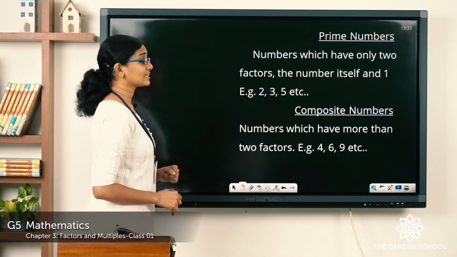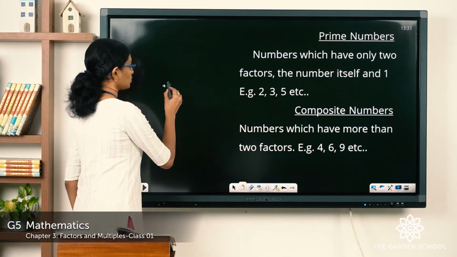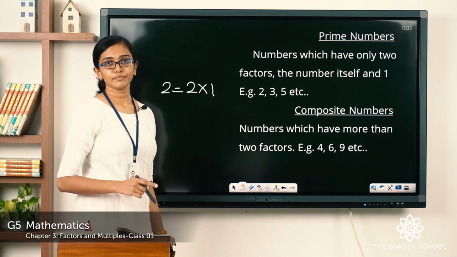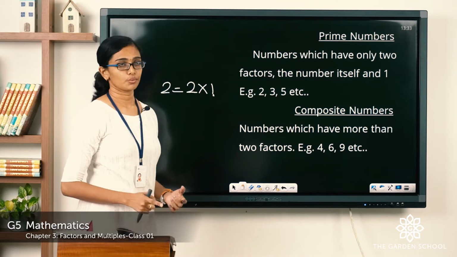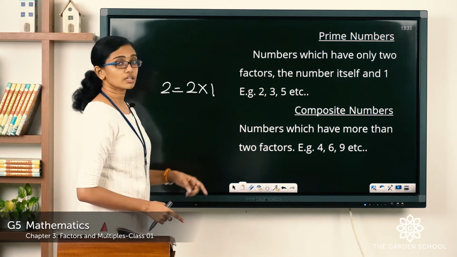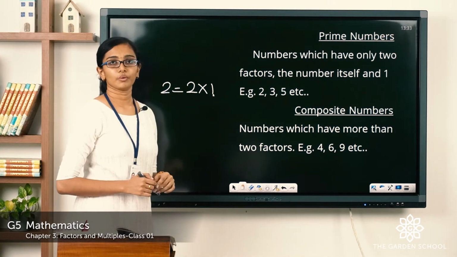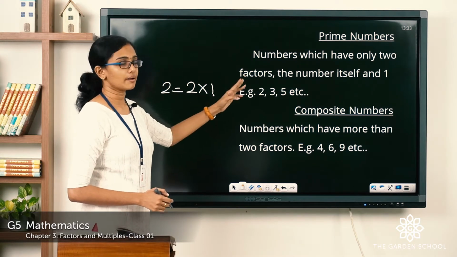Here you have some examples. See, the number 2. How do we get 2? 2 is equal to 2 times 1 or 1 times 2, right? Do we get 2 by multiplying any other number? No. So, the only factors of 2 are the number itself and the number 1. So, we say 2 is a prime number.